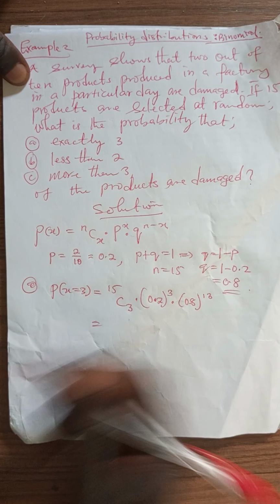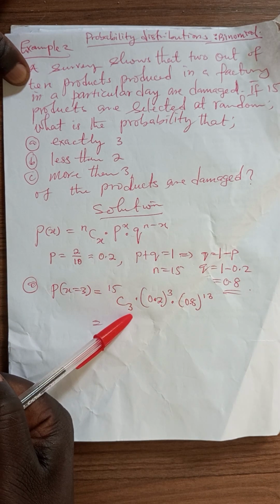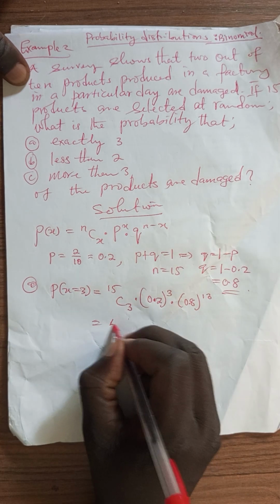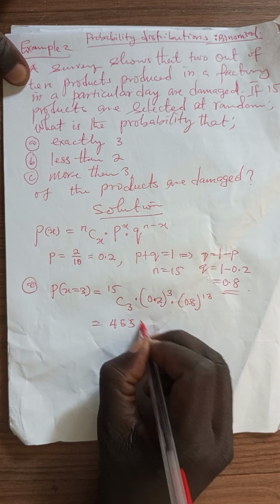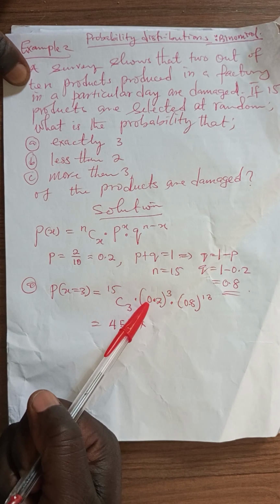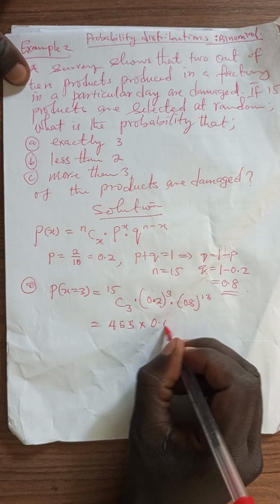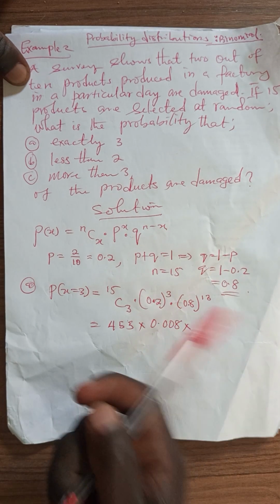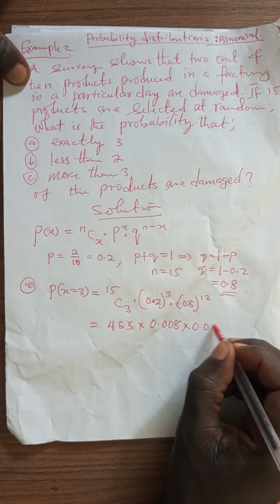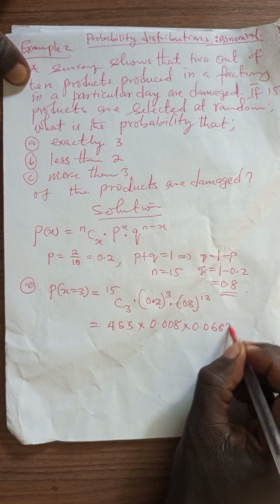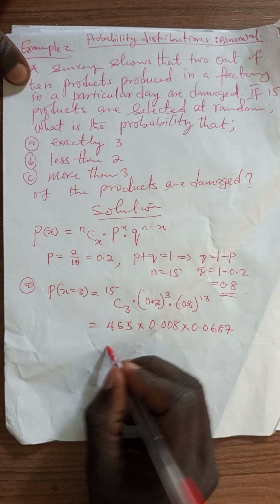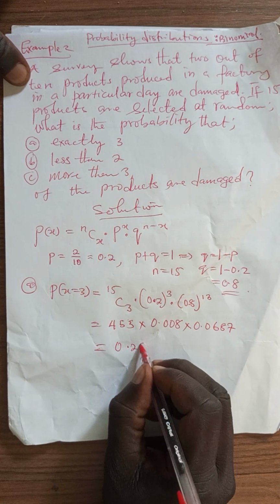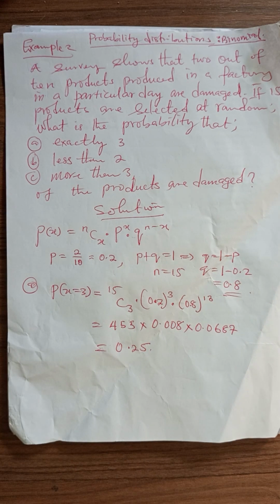In our examples, we have shown how to calculate 15 combination 3, and this can be computed as 455. And 0.2 raised to the power of 3, use your calculator, you're going to have 0.008, times this, you're going to have 0.0687 using a calculator. And so you are going to have in all 0.25, and that is for the A part of the question.